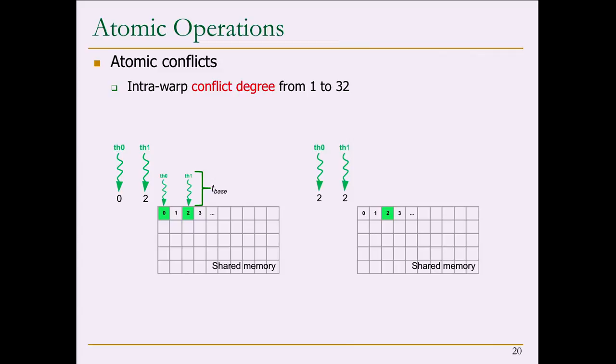This takes some latency, let's call it T-base. But in case we have two threads that want to update the same memory address at the same time, we will have a conflict, and we will have some extra latency because of the serialization.